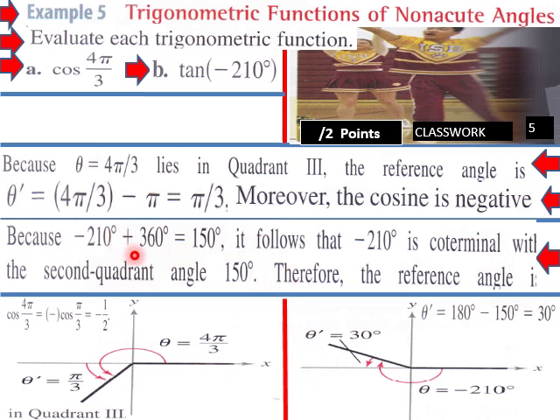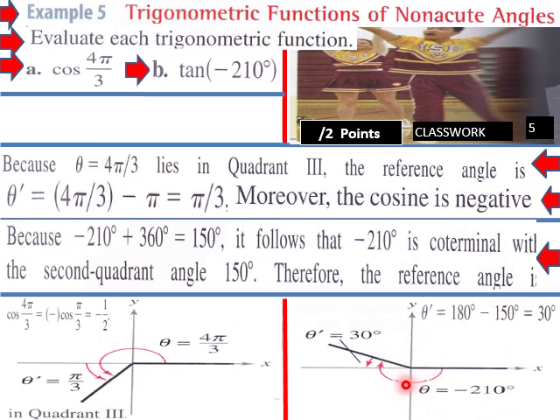So negative 210 plus 360 would be positive 150 here, so it would be coterminal with 150.